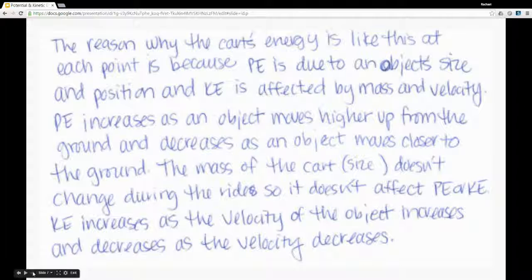Kinetic energy increases as the velocity of the object increases, and it decreases as the velocity decreases. So what that means is, the closer the object is to the ground, the less potential energy it has. The higher or farther away from the ground it is, the more potential energy it has. The faster it's moving, the more kinetic energy it has.